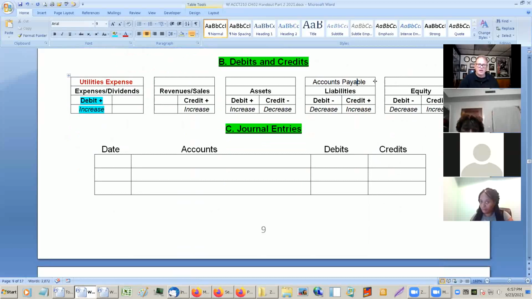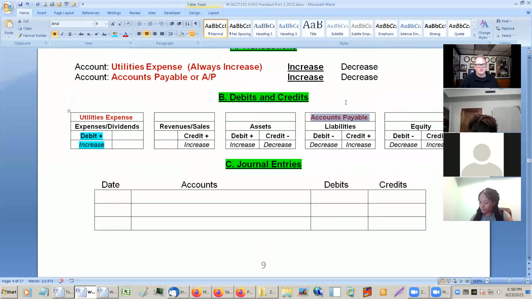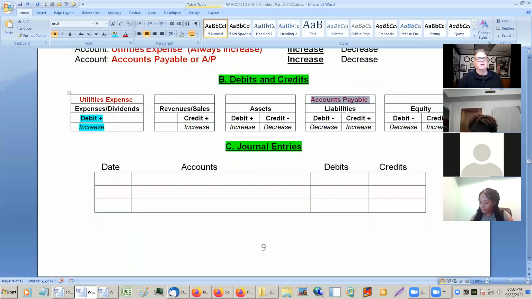All right, so it is increasing, so it's going to increase with a credit.